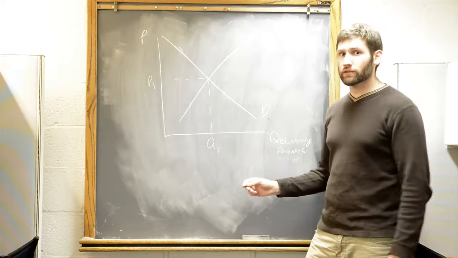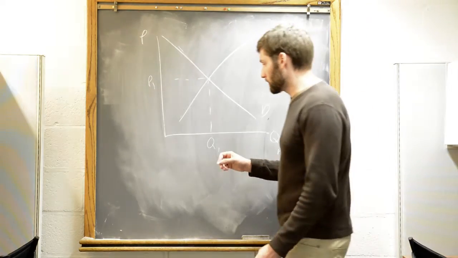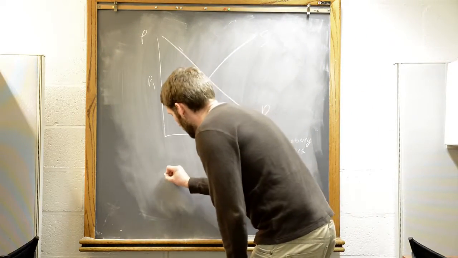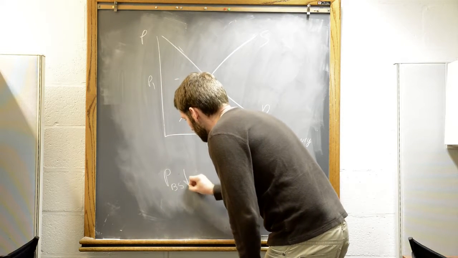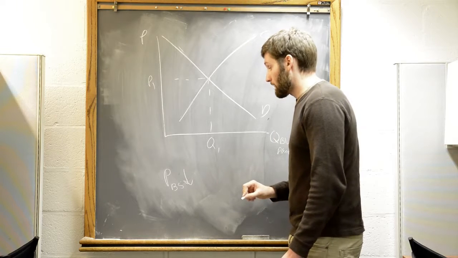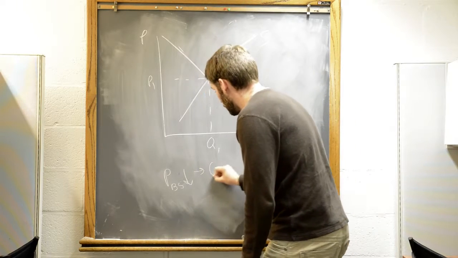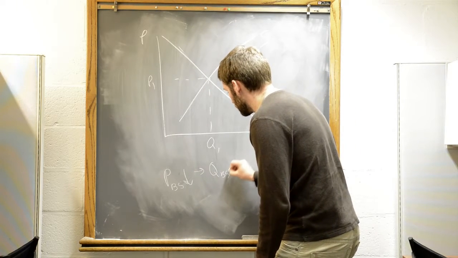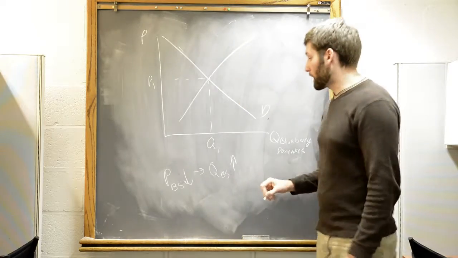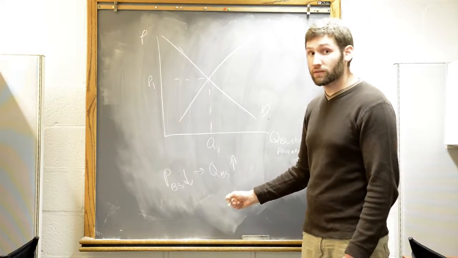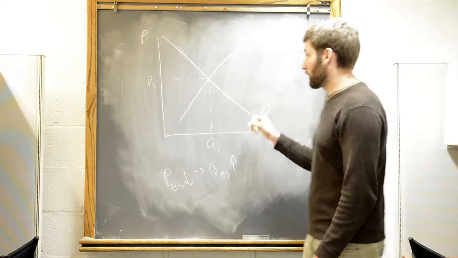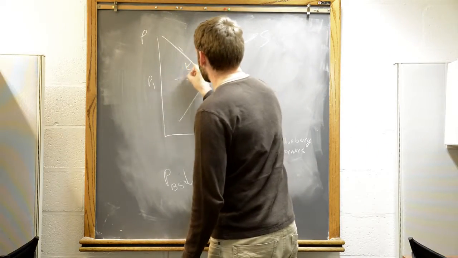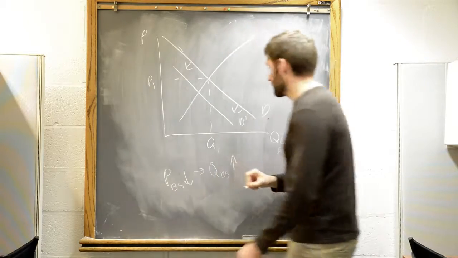So let's walk through the steps here. The price of blueberry scones decreases. That means the quantity of blueberry scones is going to increase. Well, if people are buying more blueberry scones, they'll probably buy fewer blueberry pancakes. So that means we're going to decrease our demand curve, or shift it to the left.